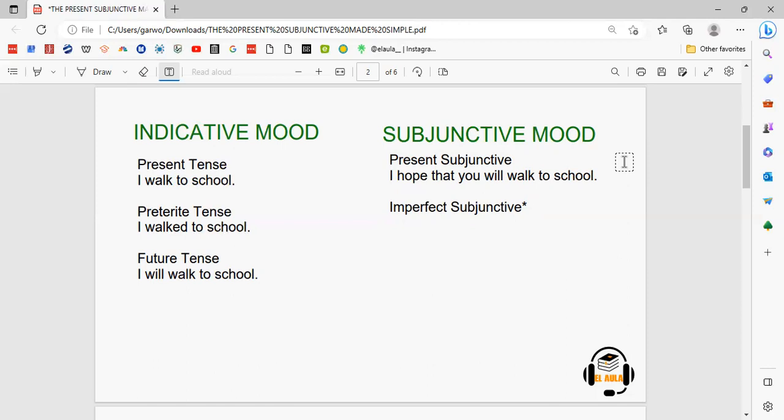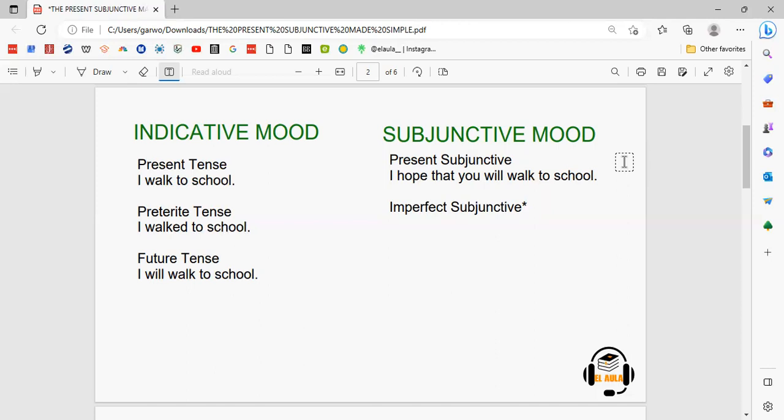And what we're hoping for or recommending or doubting is geared towards somebody else. So we'll also see that the subjunctive mood has these trigger words to express, you know, hope, desire, uncertainty. But it also has a change of subject.